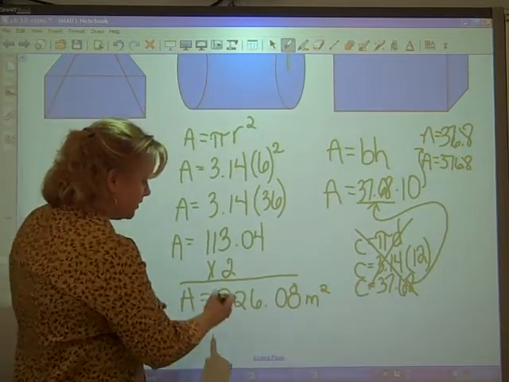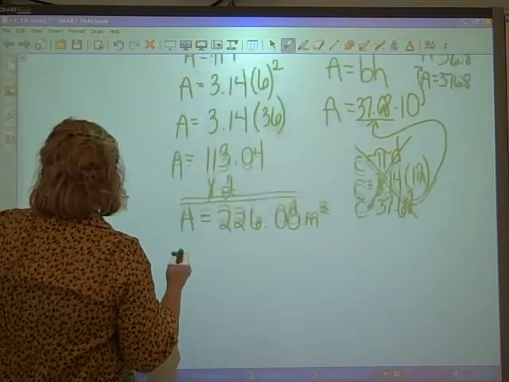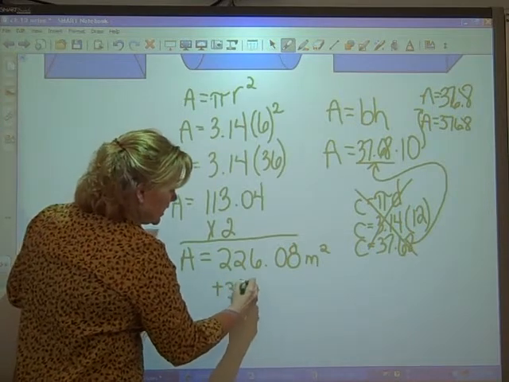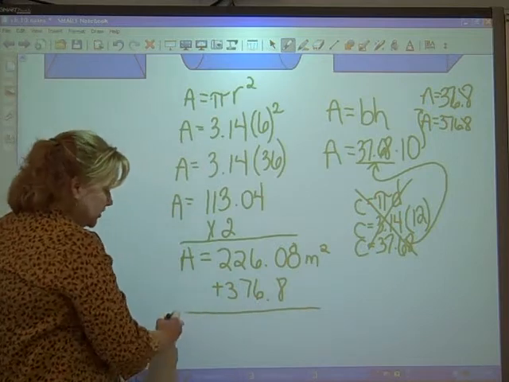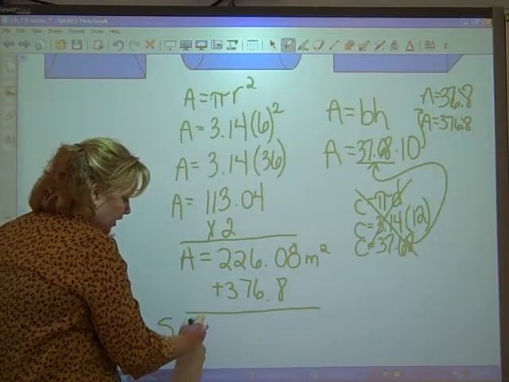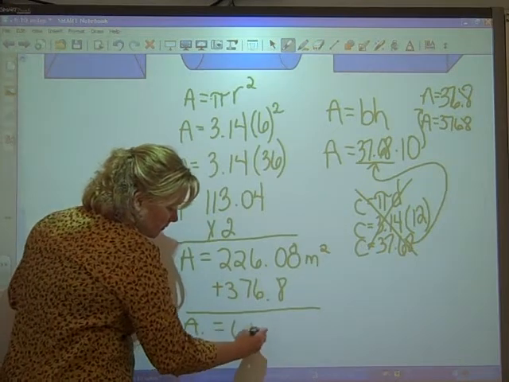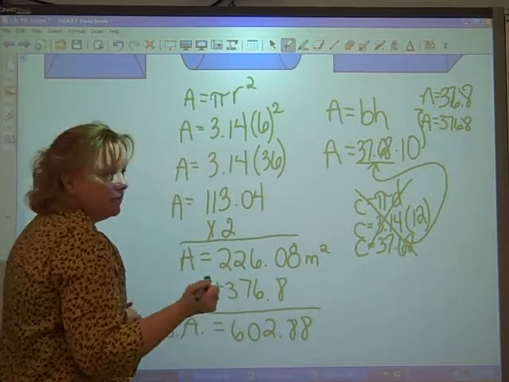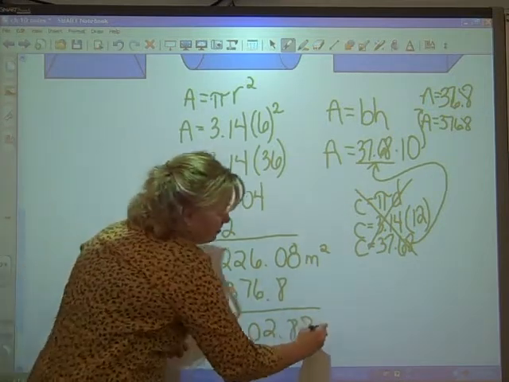Okay, so I'm going to take my 226.08 and I'm going to add on my 376.8. And when I do that, my surface area comes out to be what? 602.88. Now, so Megan, this is where, yes, I'm going to label it meters squared.